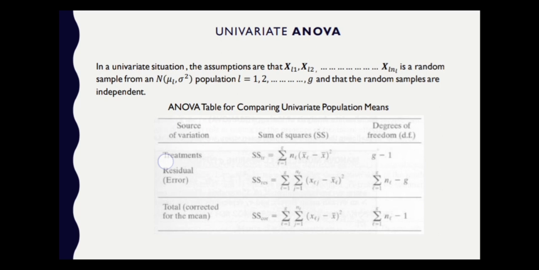So from the one-way ANOVA, we can see whether the population mean vectors are the same or not. Okay, so we are using the testing of one-way ANOVA. So you will have hypothesis testing, test statistic, and decision rule.